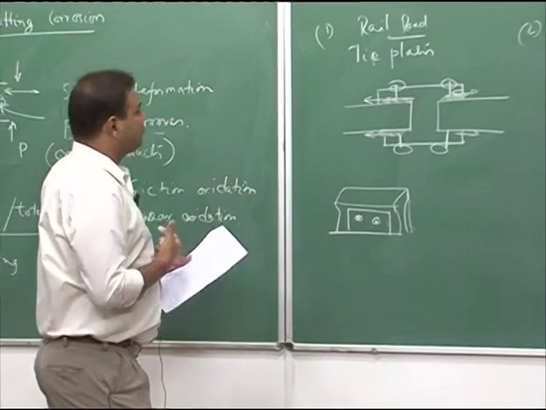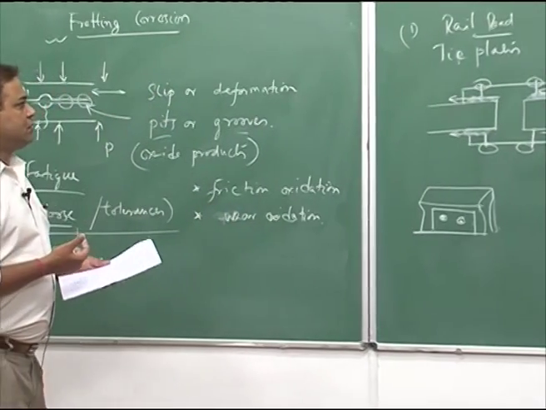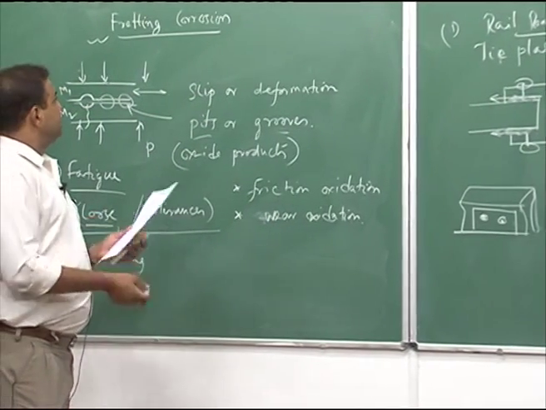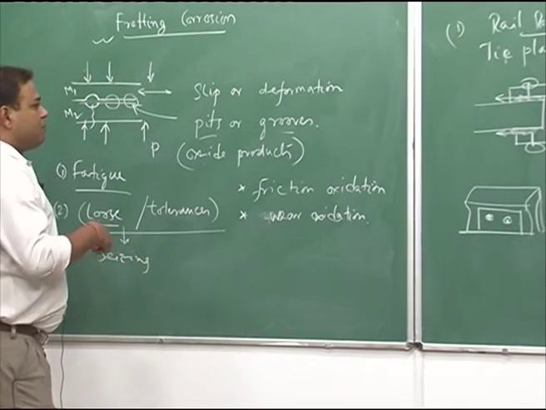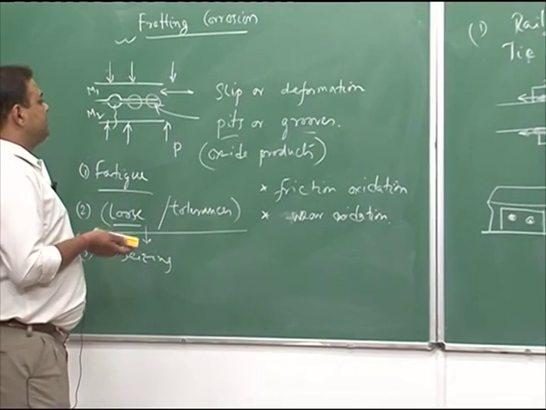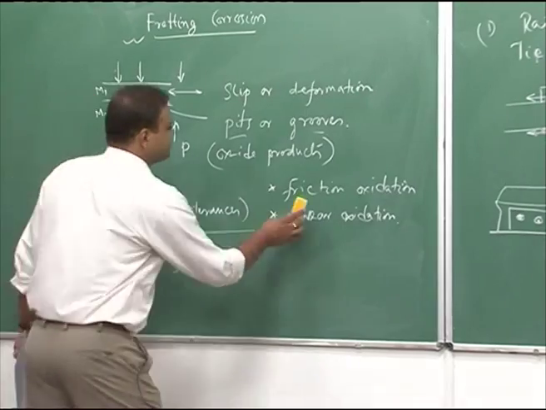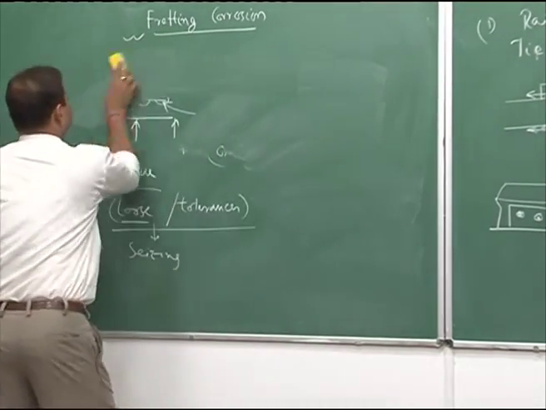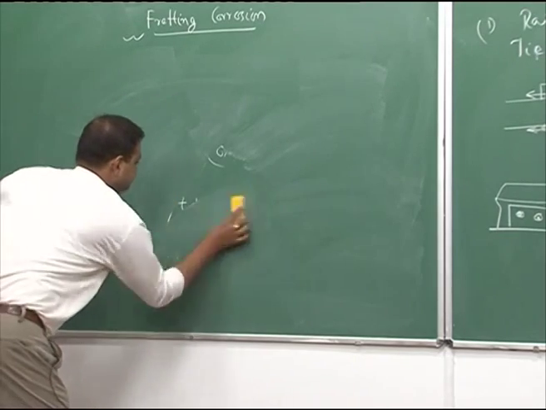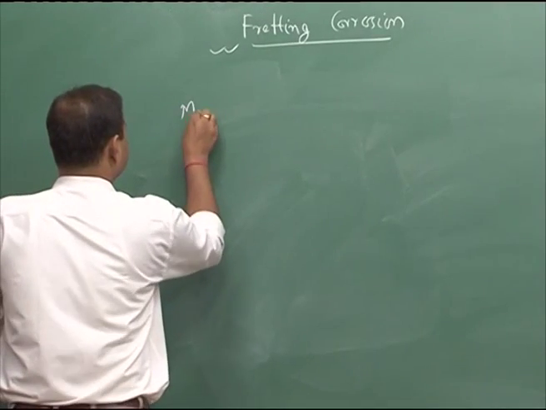Now, we have to understand the mechanism of fretting corrosion. There are two broad mechanisms, and both actually work simultaneously. Now, let us come to the mechanism.